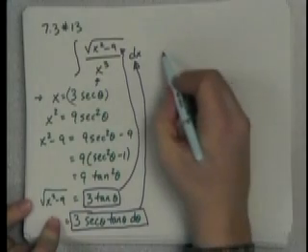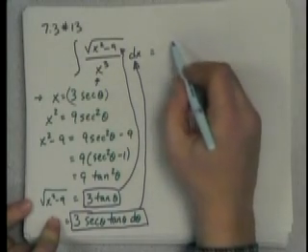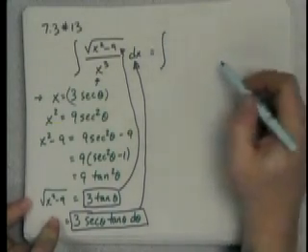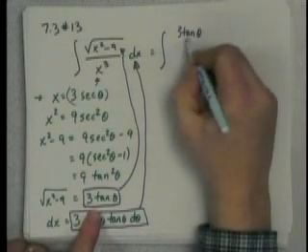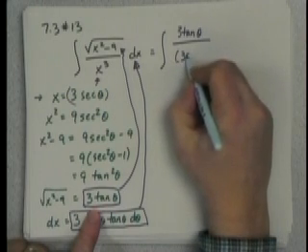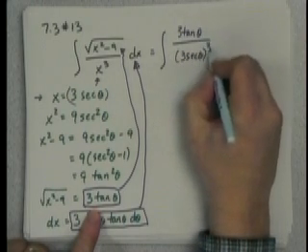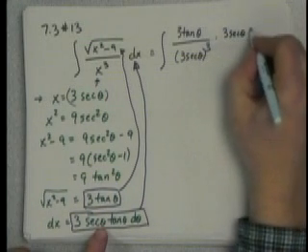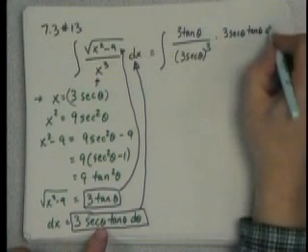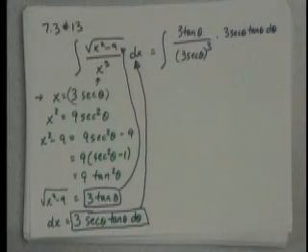So it becomes the integral, or antiderivative, 3 tan theta on top, 3 secant theta cubed on the bottom, and then 3 secant theta tangent theta d theta for my differential. Are we okay with that?